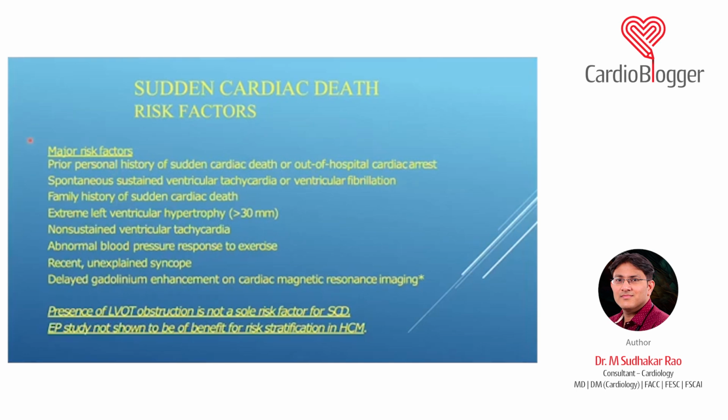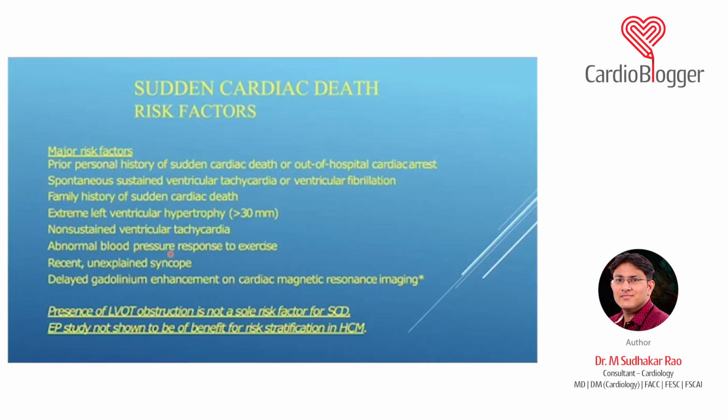If the LV thickness is more than 30 mm, then they are at increased risk. If they have non-sustained VT on Holter monitoring, they are at increased risk. If you make them run on an exercise, if they have a hypotensive response in exercise, they are at increased risk. If they have an unexplained syncope, also they are at increased risk.